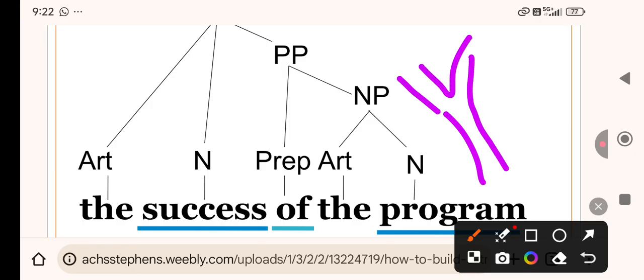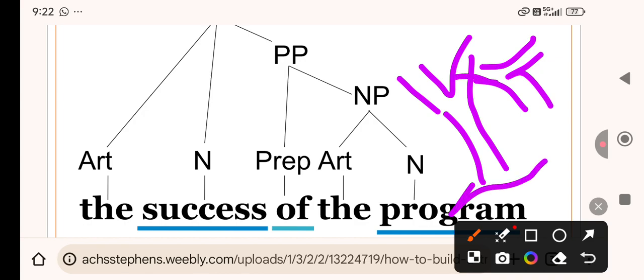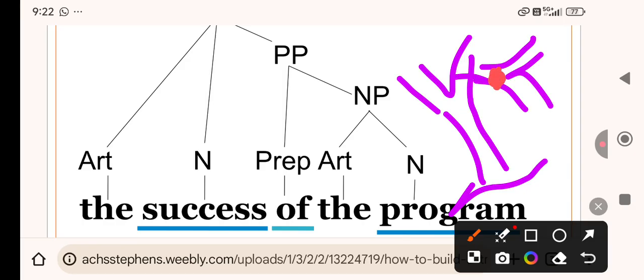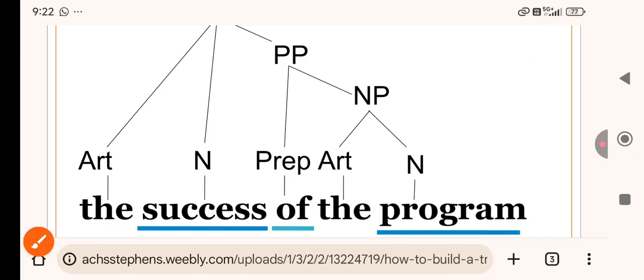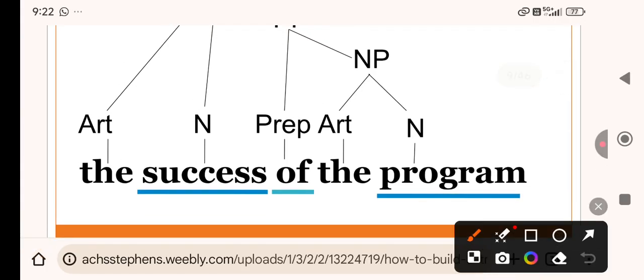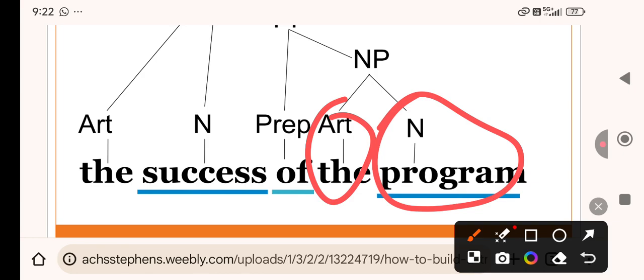So this is the branch, and here the node is of. So that's a prepositional phrase. Then another branch is a noun phrase, the program. The is an article and program is a noun.